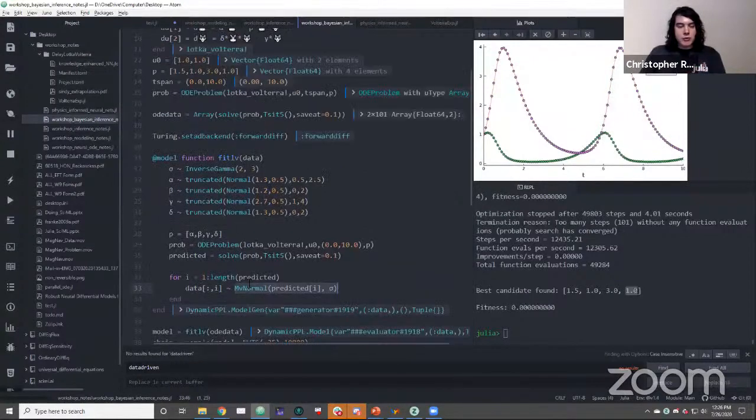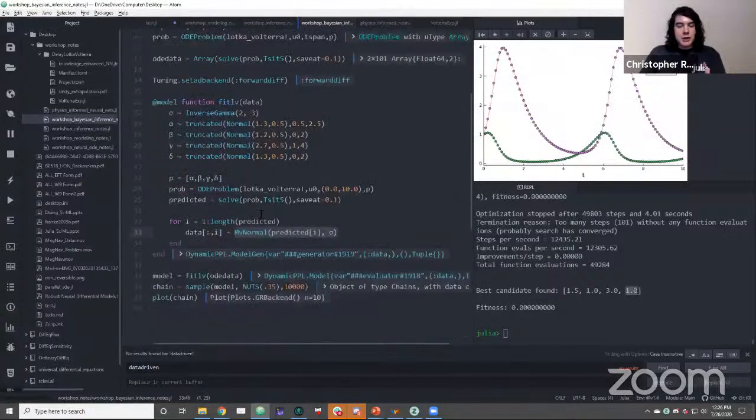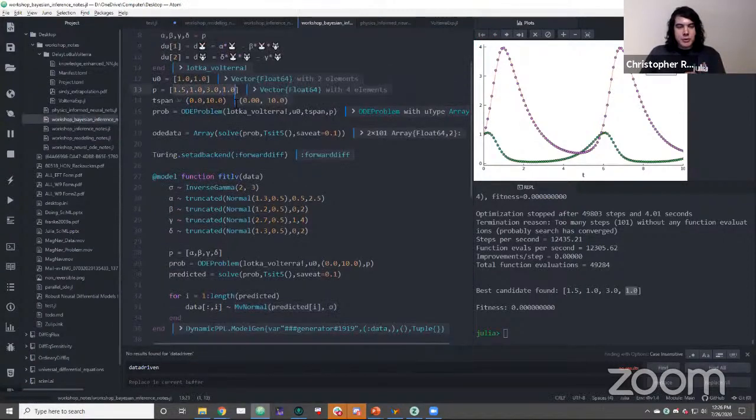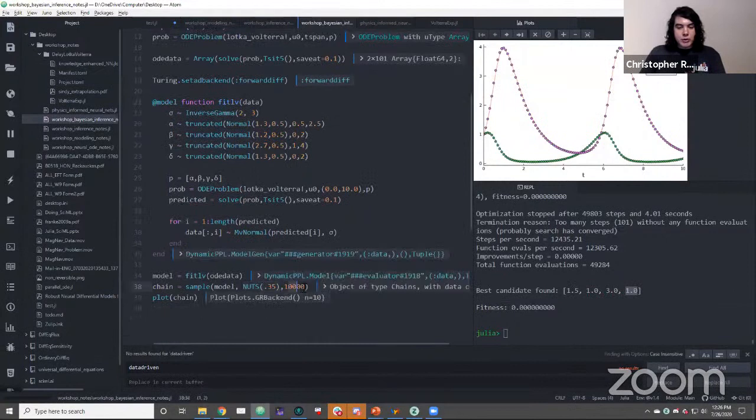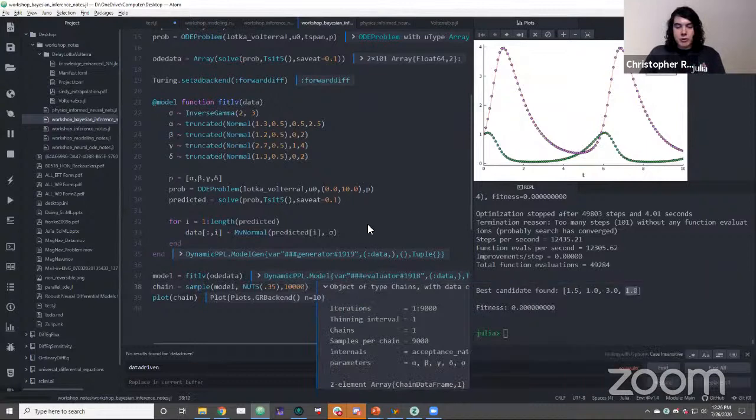We do the same thing as before, where we generated a data set from the parameters that we knew, and then we say here we want to use the NUTS sampler from Turing.jl. We use this for however many steps to create what's called a chain.